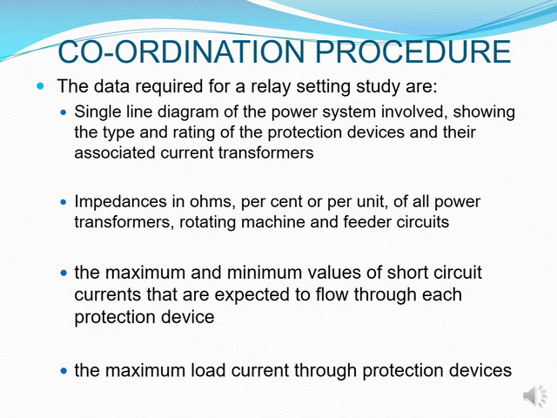The first thing is you either need to have a single line diagram of your power system, or you need to have a description of what is happening exactly in your power system. So you need to know where is your source, how far is it, how big is it. Then you need to know your distances between all of your other substations, and you must know if there are any transformers in those substations or not.